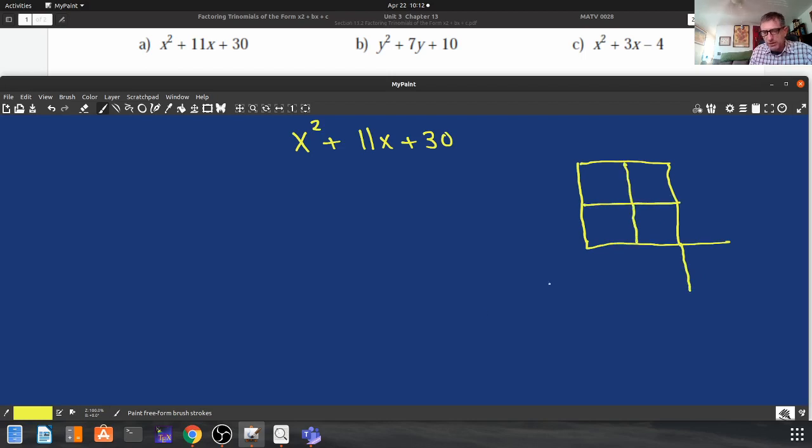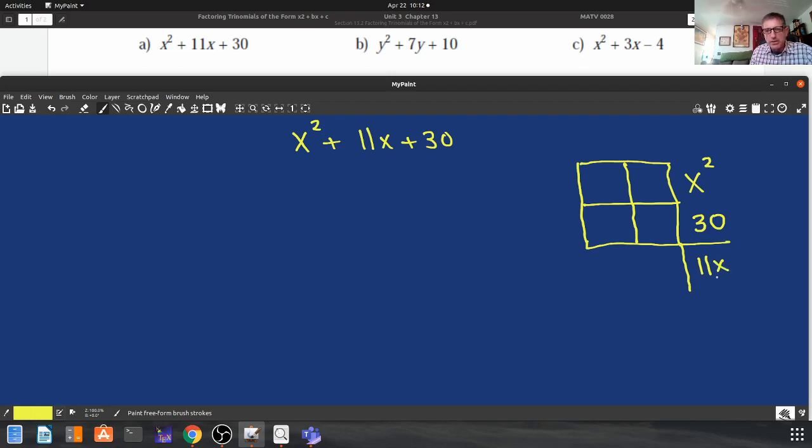That's how we start. And what I do is I take each term of my trinomial and I write it vertically here, but I don't write them in this order. I write the x squared term first, the constant term second, and the middle term last.